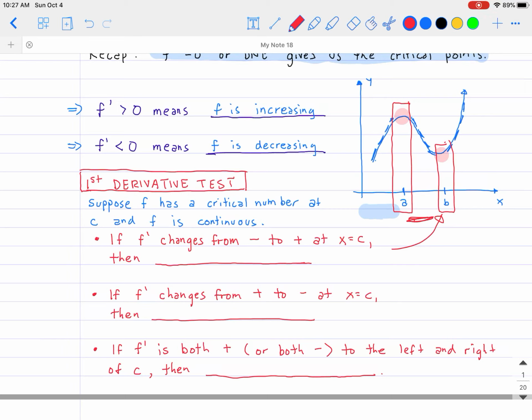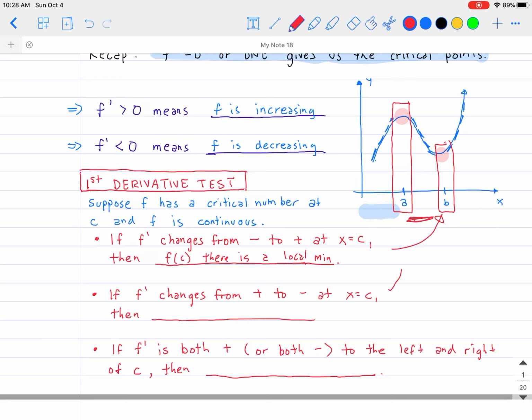So because you're decreasing to increasing, and then you have a slope of 0, then that means that at f of c, there is a local minimum, actually. So I said it wrong. It was supposed to be minimum.